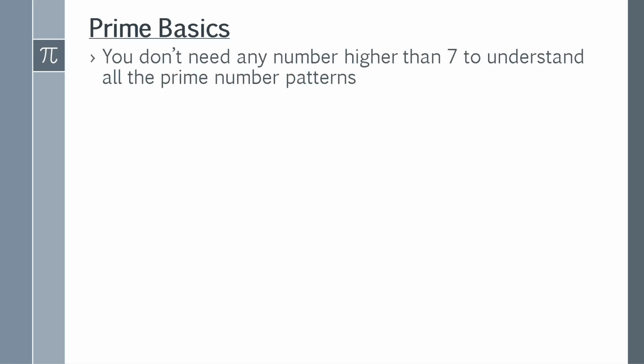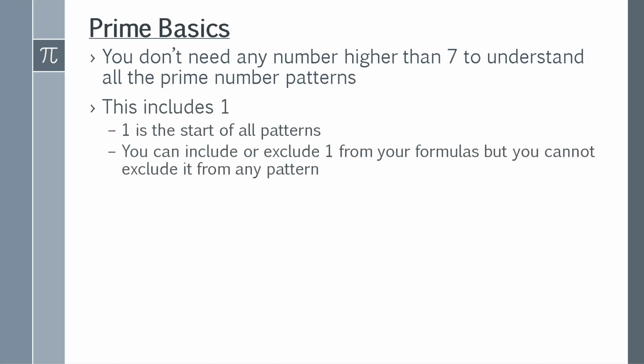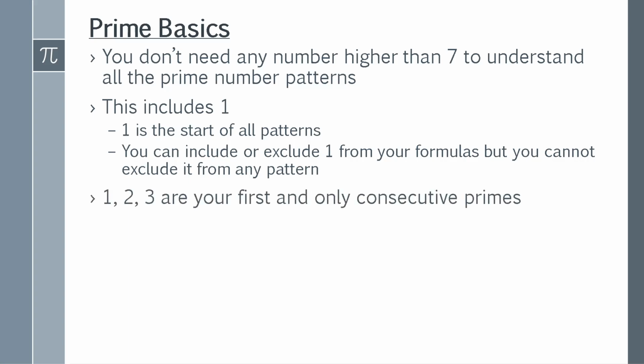You don't need a number higher than 7 to understand the patterns built in the prime numbers. This includes 1 because it's the start of all your patterns. You can include it or exclude it from your formulas, but you can't exclude it from any pattern.